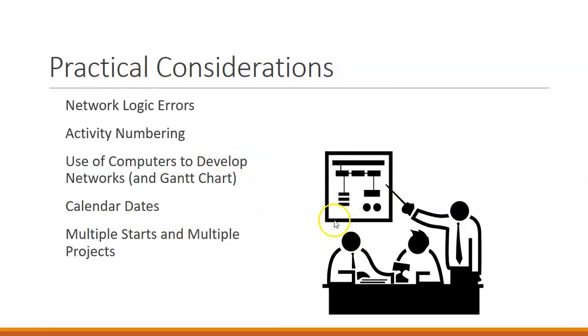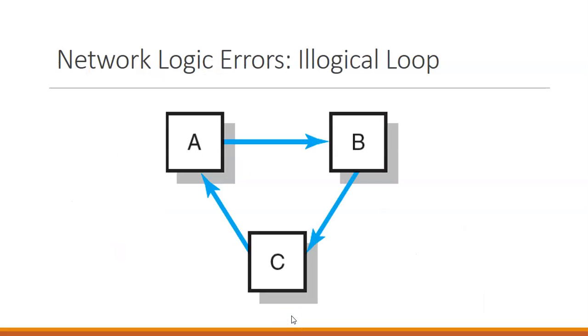We would also use computers to develop our networks and our Gantt charts and have calendar dates. In addition to using calendar dates when we're considering the start and stop of our projects, we also can have multiple starts and multiple projects. We're going to look at these in more detail.